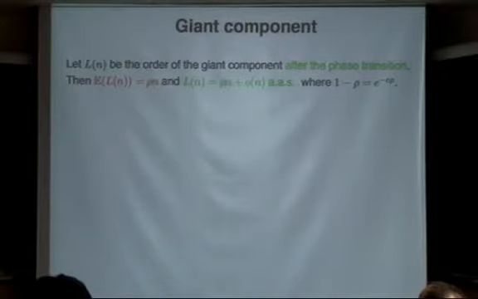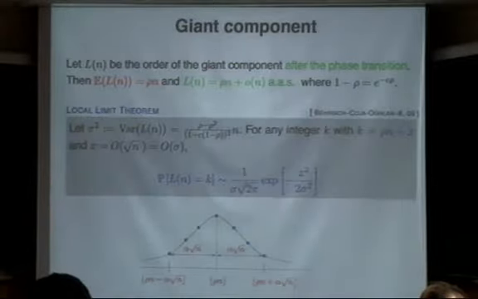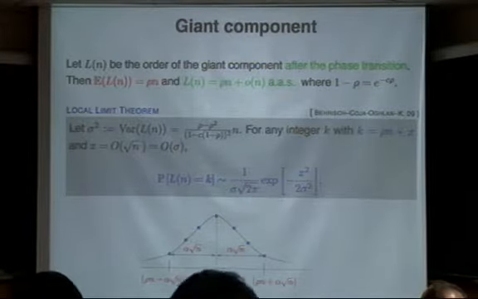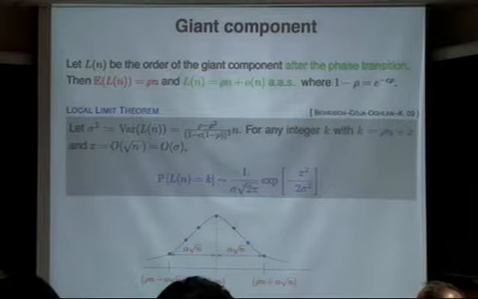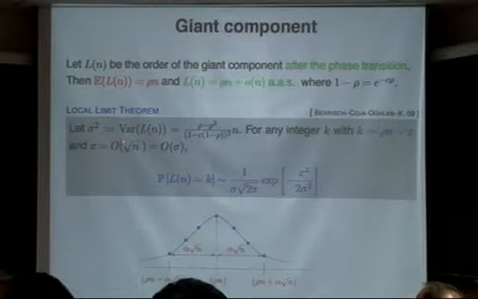Having such a law of large numbers, one might wonder whether L_n satisfies a stronger limit law, and indeed this is the case. Together with Berish and Goy-Auglan, I could show that L_n, the order of the giant component, satisfies the local limit theorem in the following sense. The variance of the order of the giant is linear in n, and the constant depends only on rho and c.